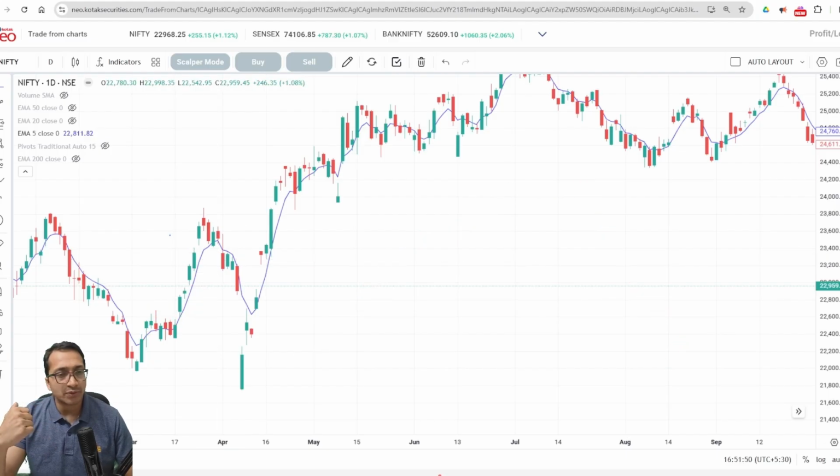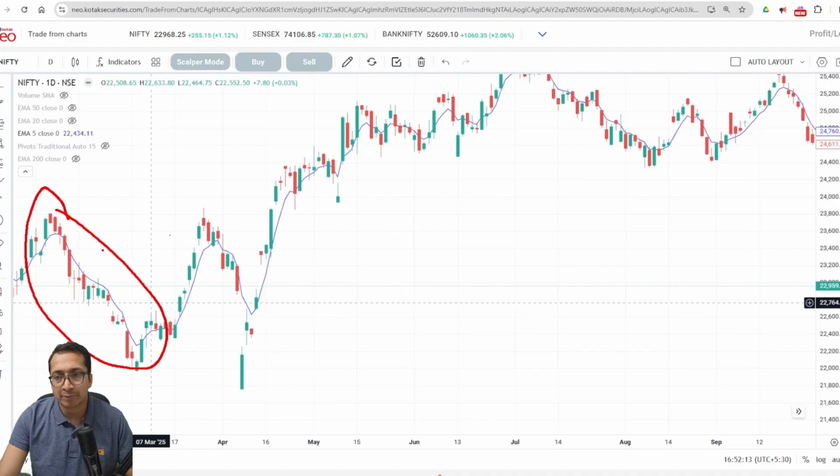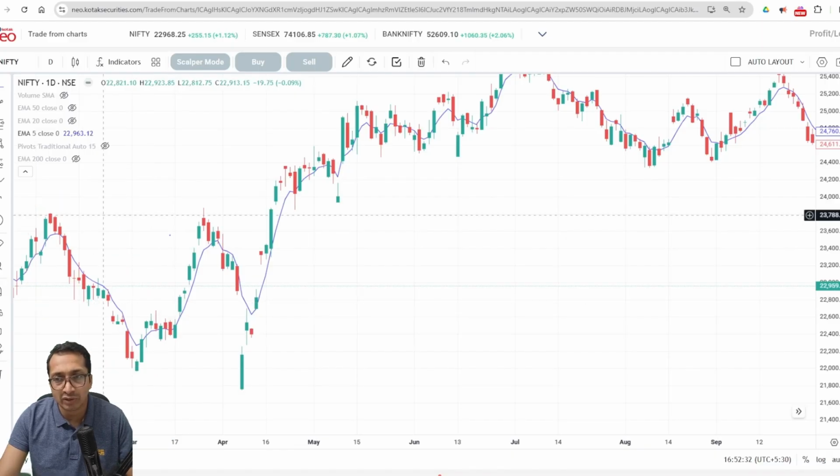Now the exercise for you: go to any of the charts and try to identify the pattern where higher high and higher low is being formed. And if it is being formed, also try to understand the meaning of the middle candles which are made between those higher highs and higher lows. So suppose I am talking about this kind of lower structure.